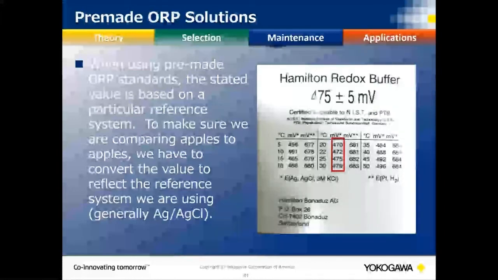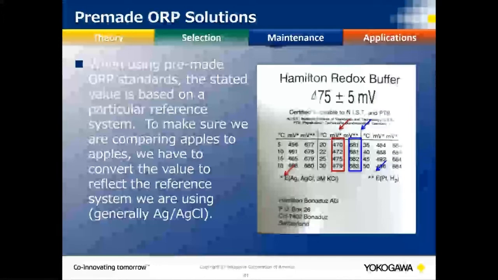The thing that people don't understand or don't pay attention to is that there are two values on this label. Some of you may have already picked it out, but we have to be aware when we use pre-made solutions what the reference background is in it. If I use a probe that has KCl solution, which is what traditionally they are, it's going to be 475.